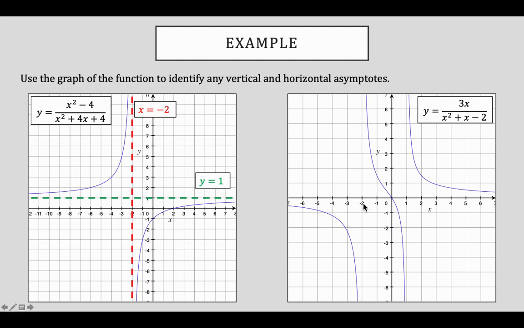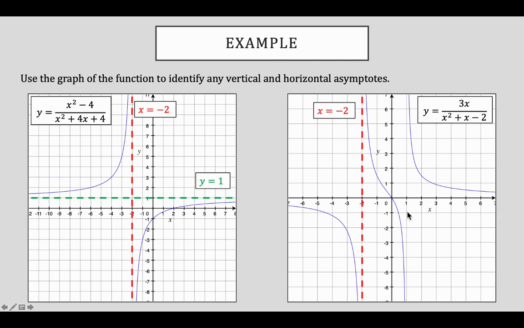Well, again, here at x equals negative 2, notice as the x values approach negative 2 from the left, the y values go down to negative infinity. And as our x values approach negative 2 from the right, the y values approach positive infinity. Because the function increases and decreases without bound as x approaches negative 2, we have a vertical asymptote at x equals negative 2.